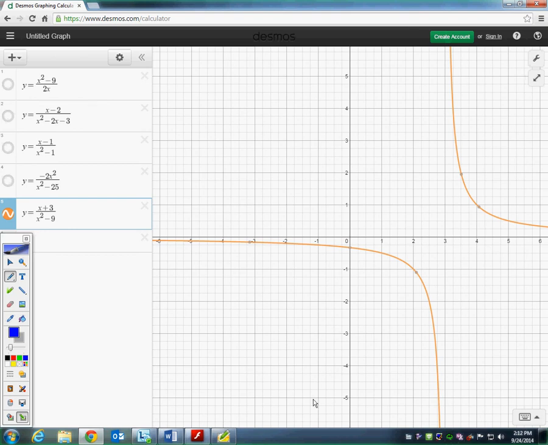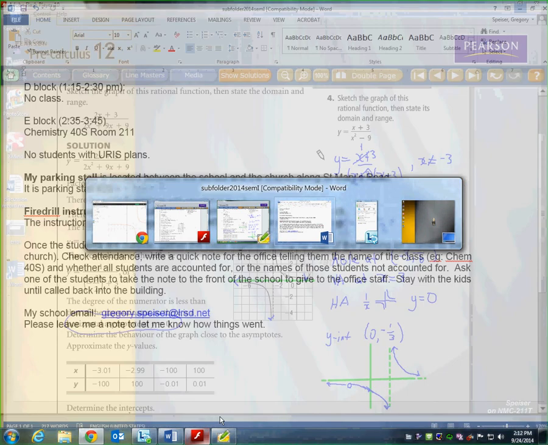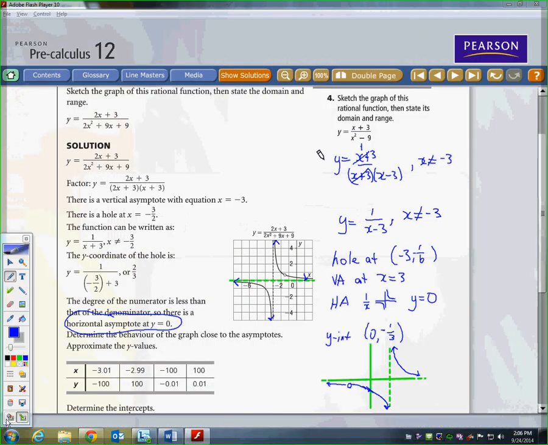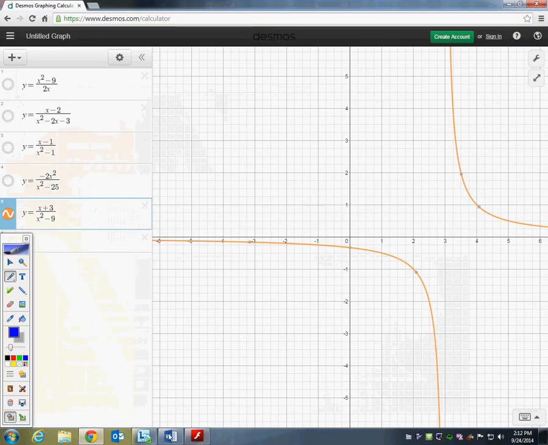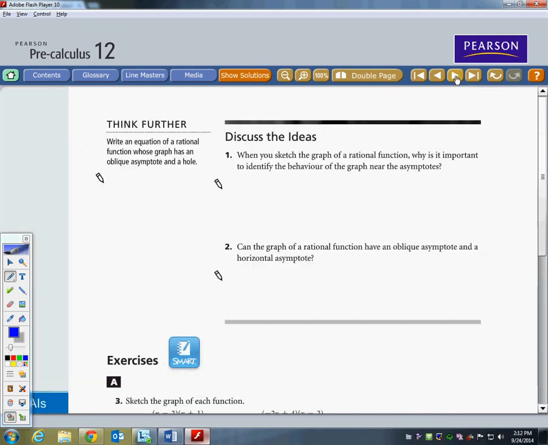Okay, so your homework will be. Oh, let me find the right thing. So, okay, I'll get rid of that. So. To work on for homework, I'd like you to avoid the questions that have the oblique asymptotes.